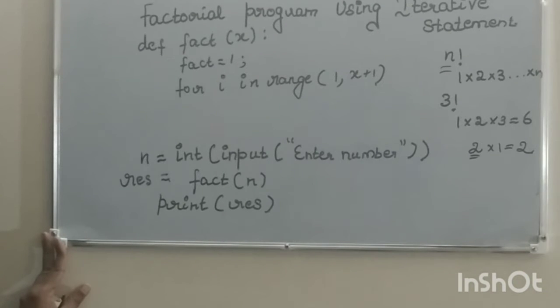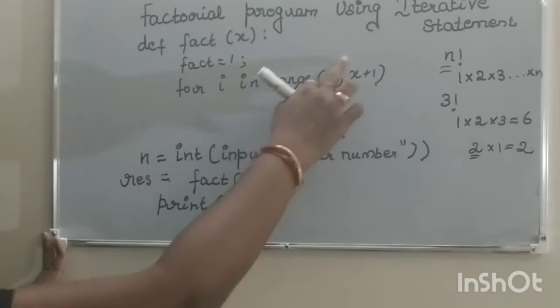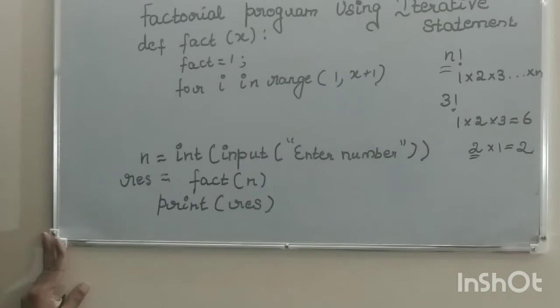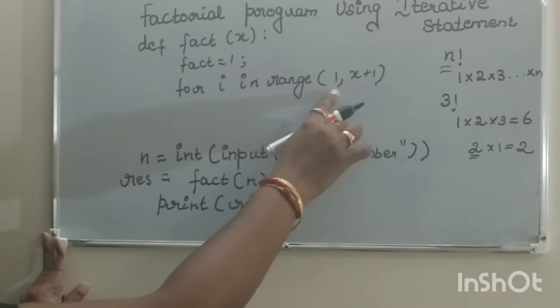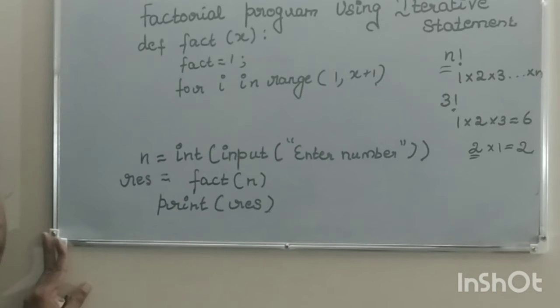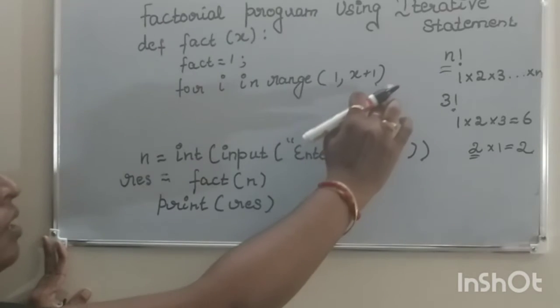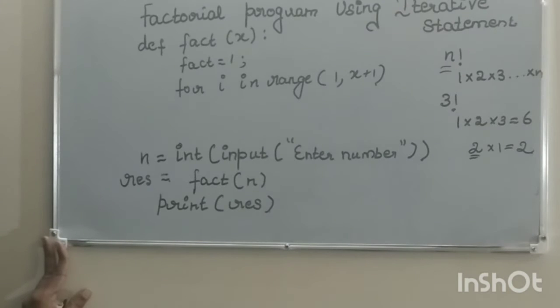It generates a sequence of numbers. It can take one argument, two arguments or three arguments. If it is one argument, it is the ending value. If it has two arguments, the first is referred to as the starting value and the second as the ending value. If it has three arguments, then the final argument refers to the step value or increment value.